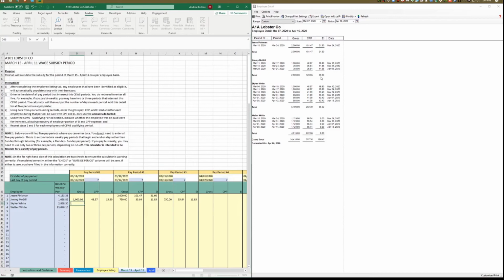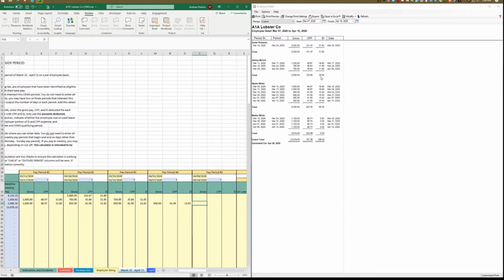We'll notice that Skylar is actually the same thing. She was receiving $1,000 as well, but beginning in March, on March 18th, she started receiving less. But she actually remained on the payroll, unlike Jimmy, who actually fell off on the 4th pay period.